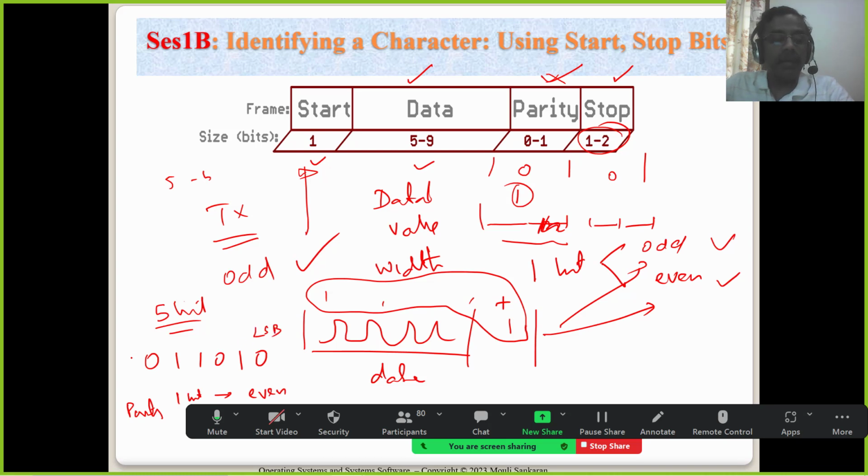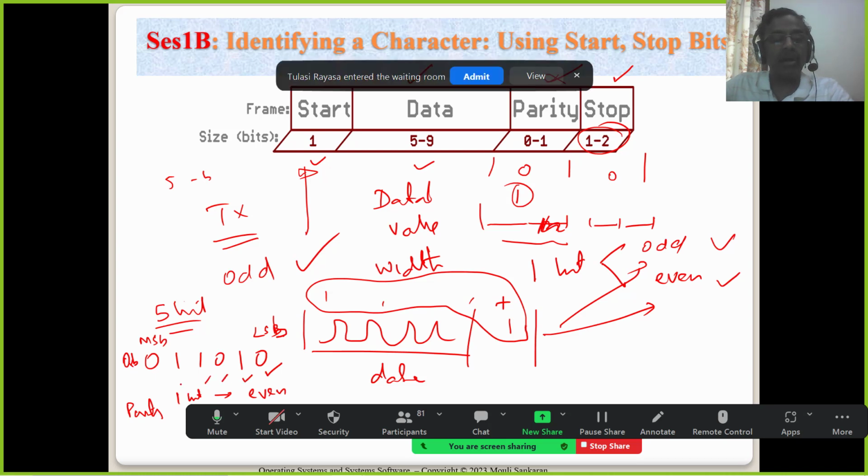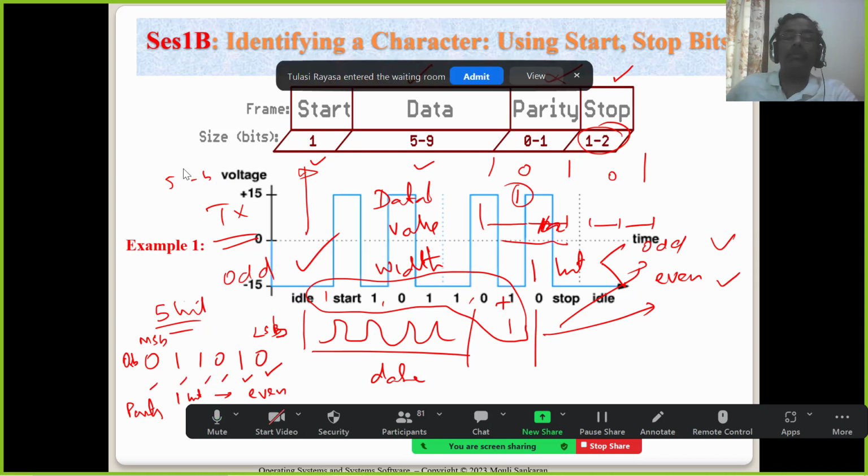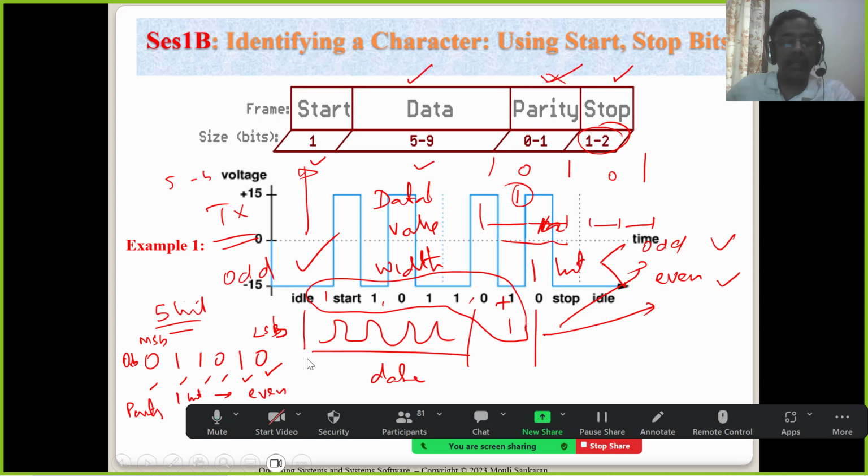Now this is the LS bit. When I am giving the value, I will say 0B, then this is the MS bit, this is the LS bit. Okay, small b. Now I have also told you that when it is sending the data on the line, it is going to send this bit first, then this, and this is the order it sends. So remember, the data is sent from the LS bit side.